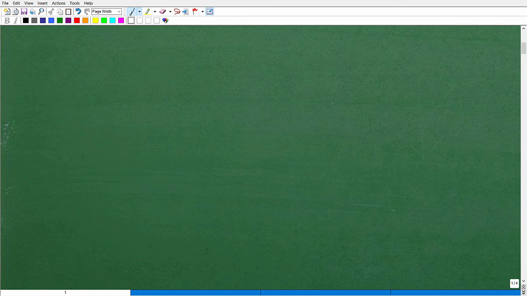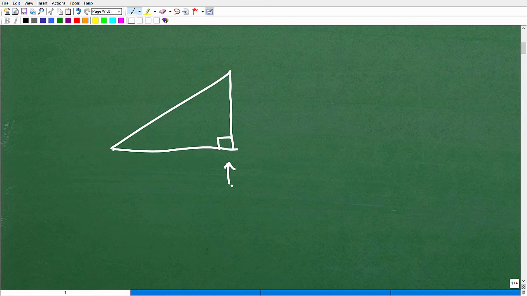Well, let's talk a little bit about basic trigonometry. Let's take a triangle like so. Let's call this a right triangle, meaning that here we have a triangle and this angle in the triangle is 90 degrees. So here we have different angles.